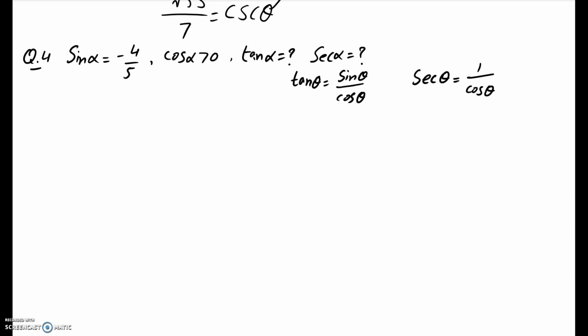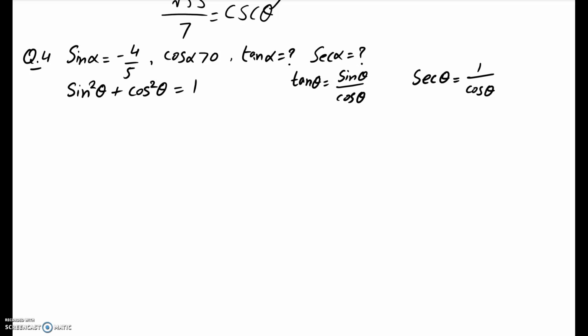It means if we have the cos theta value, we can find both unknown values. So sine theta is given, and we will use this Pythagorean identity, sine squared theta plus cos squared theta equals 1.